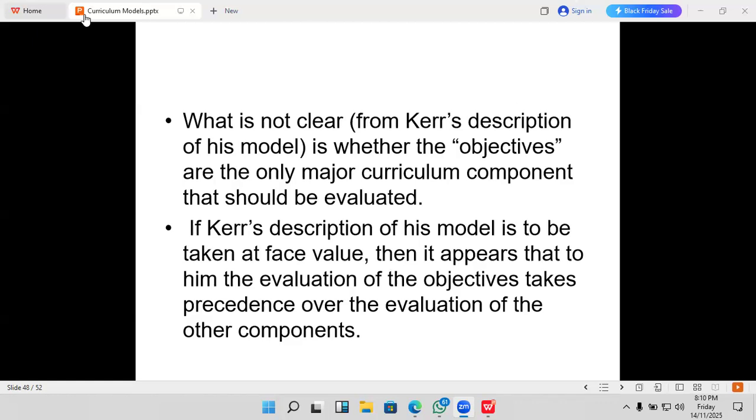Later, I will mention another curriculum evaluation model, which we call the goal-free evaluation model.